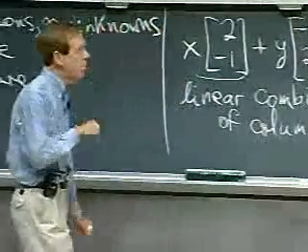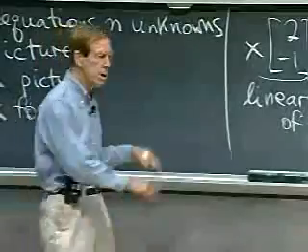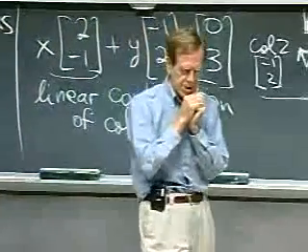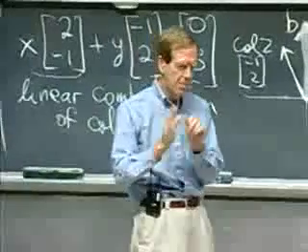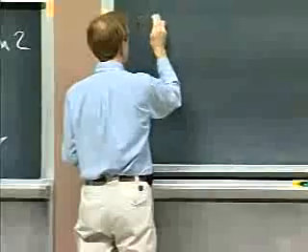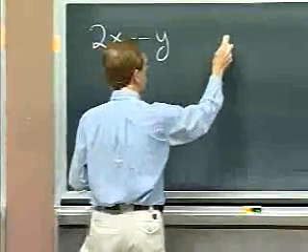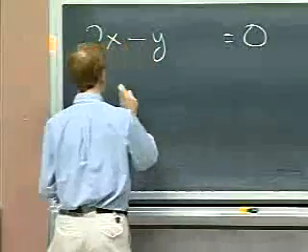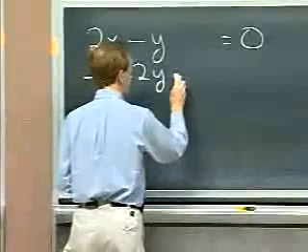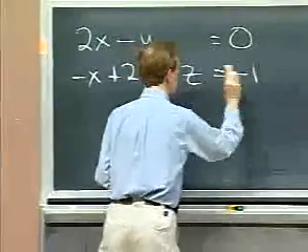Okay, can I move to 3 equations and 3 unknowns? Because it's easy to picture the 2 by 2 case. Let me do a 3 by 3 example. I'll start it the same way, say 2x minus y, and maybe I'll take no z's, as a 0. And then a minus x and a 2y, and a minus z, let me make that a minus 1.